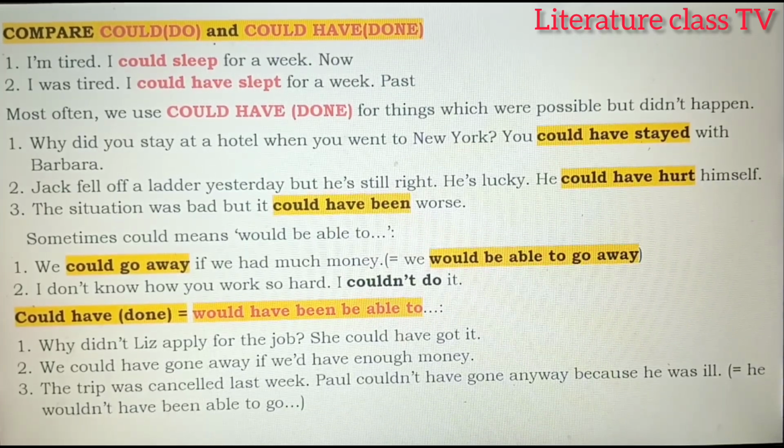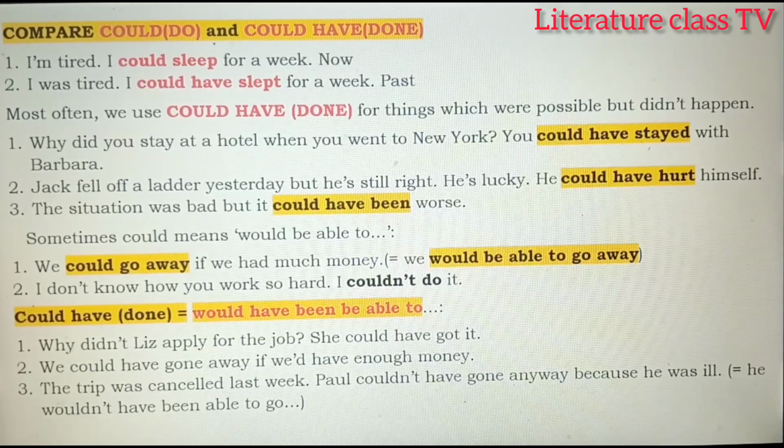Example 2. Jack fell off a ladder yesterday, but he's still all right. He's lucky. He could have hurt himself. Example 3. The situation was bad, but it couldn't have been worse.